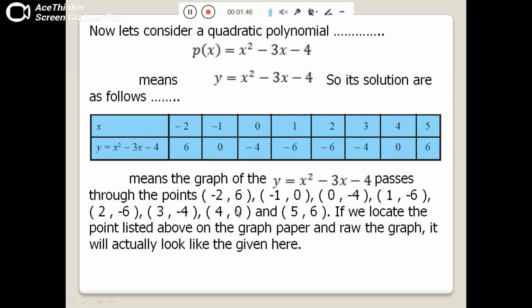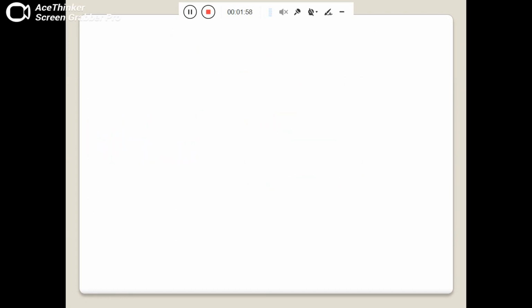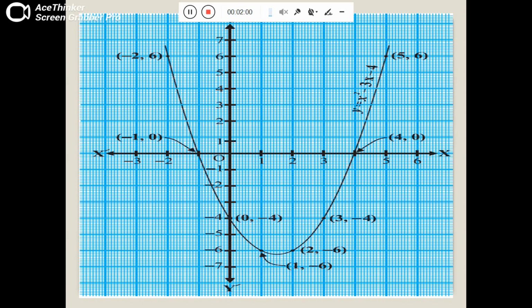If we locate these points listed above on the graph paper, then the graph will actually look like the one given here. So this is the graph of those points.